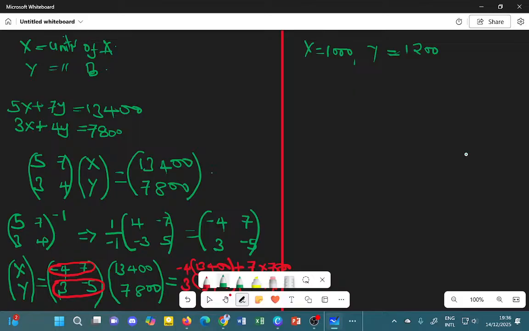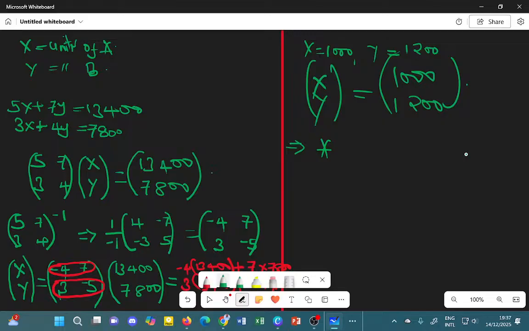What is written as xy in matrix form is 1,000 and then 1,200. So what it implies is that we have A units as 1,000 and B units as 1,200. That's what we have, so we can set out to answer the first part.